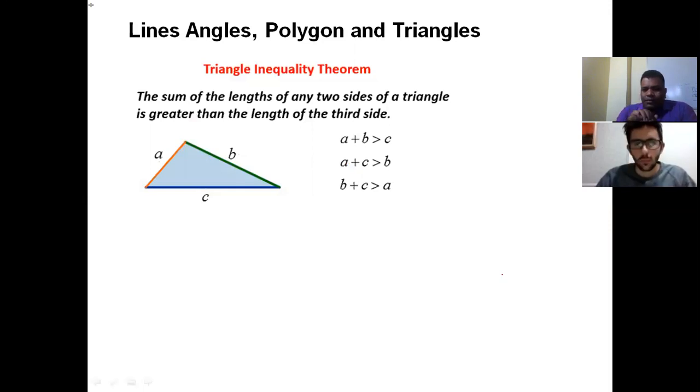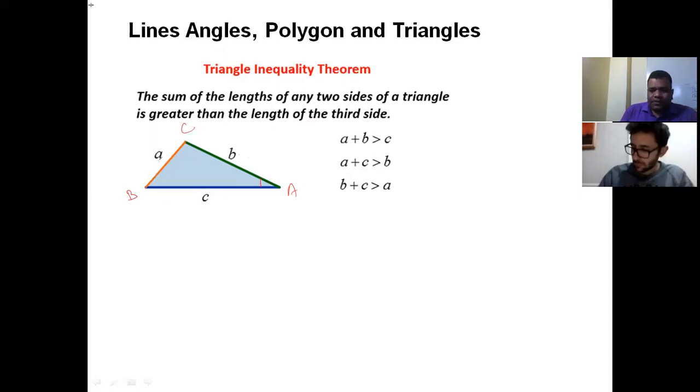Now, the main theory starts from here, and it will be very useful to tackle the problems. The first theory is triangle inequality. Let us assume I have taken a triangle named ABC.